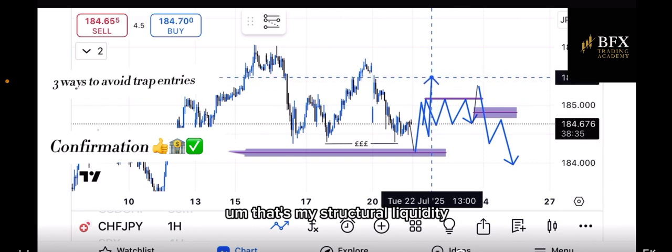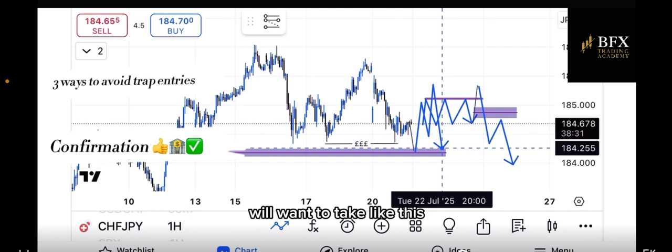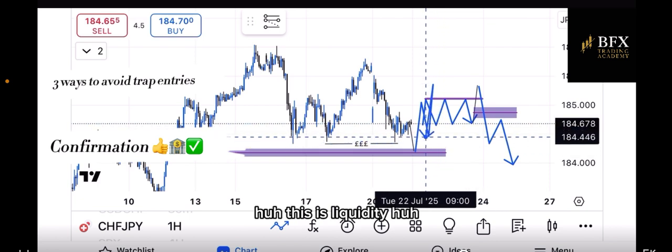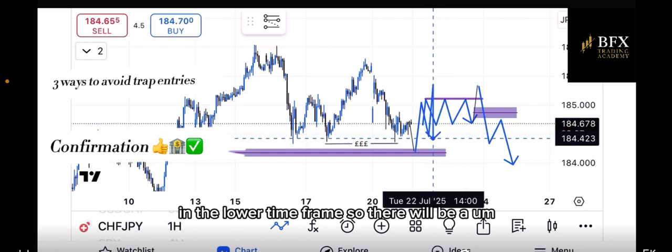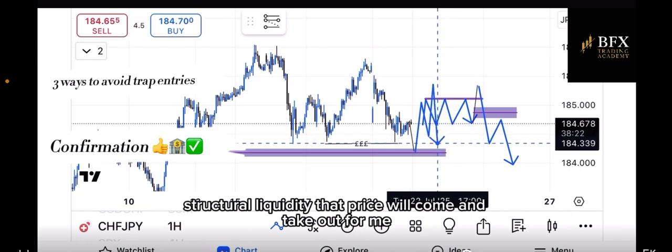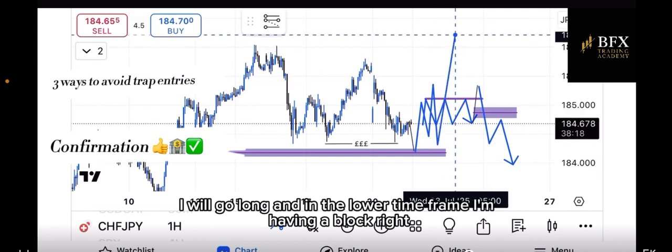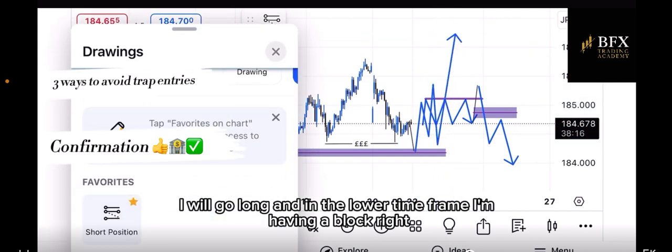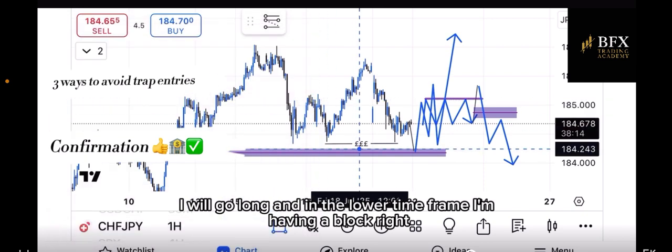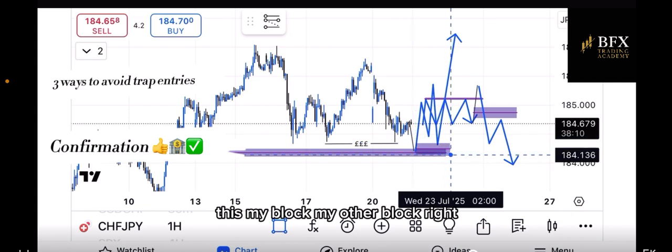That's my structural liquidity. There'll be a mini structural liquidity that we want price to take like this. This is liquidity in the lower time frame. So there'll be a structural liquidity that price will come and take out from me. Then I will go long. And in the lower time frame, I'm having a block, my order block, right?